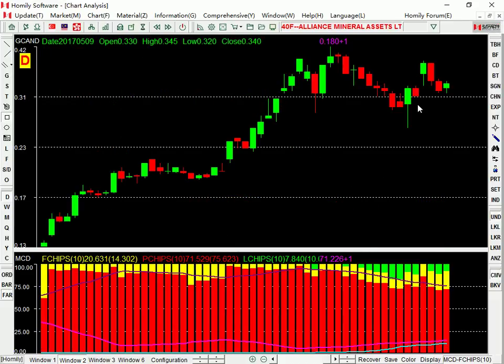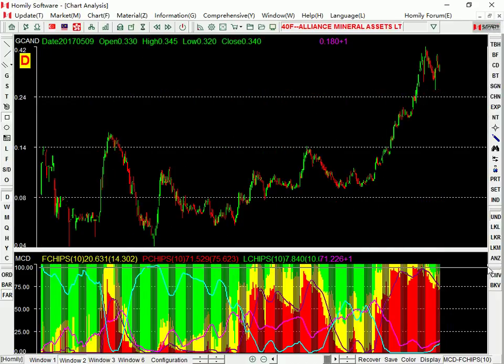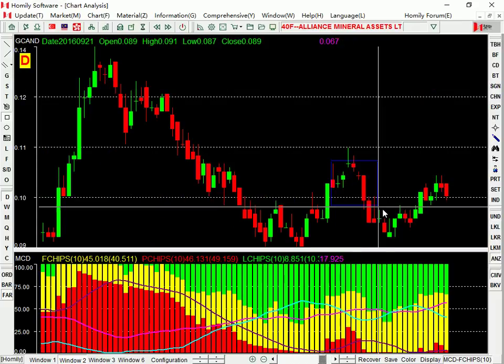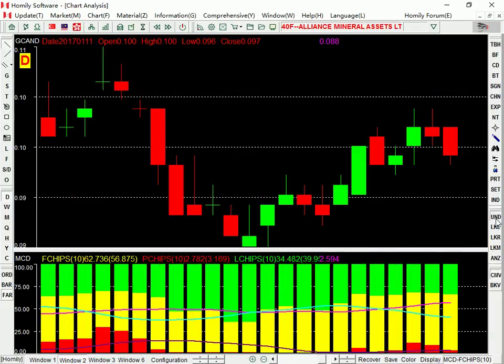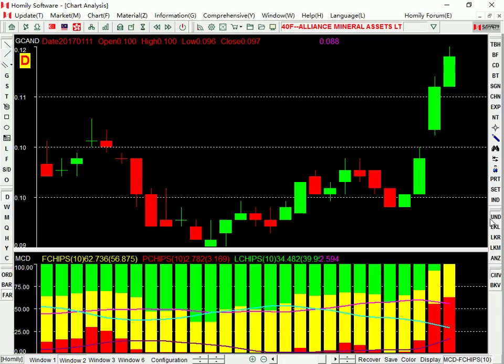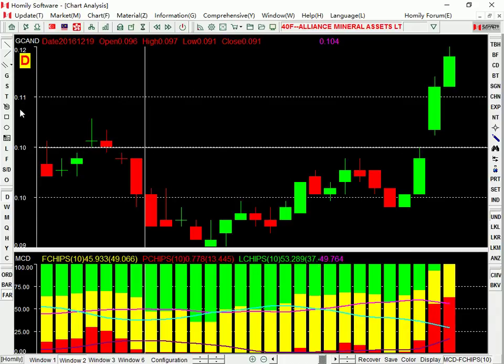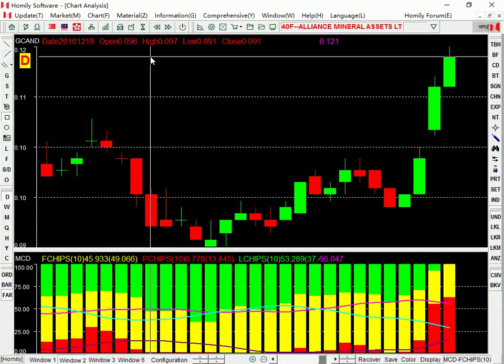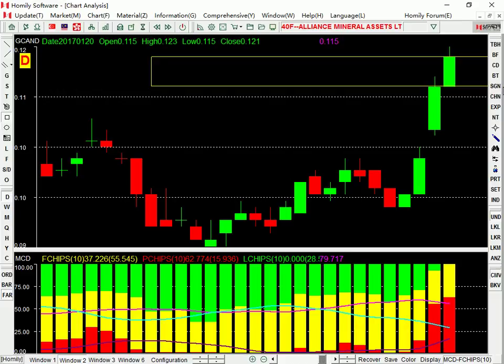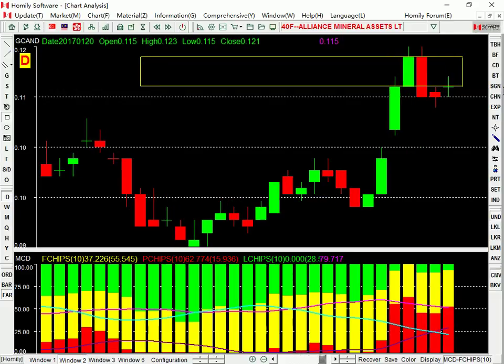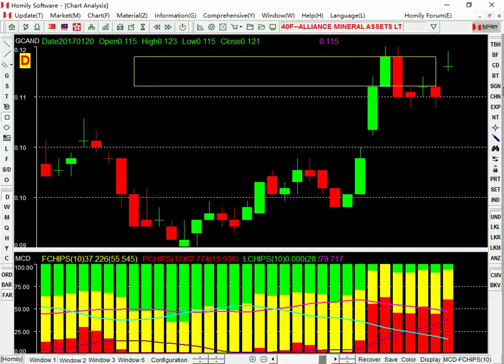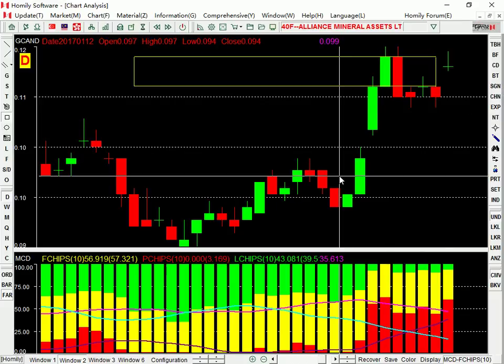Okay, so let's see the alliance. The green column, green disappears. Then we can draw the lines. Wait and see, because if you miss the good buy point, you should know where the next buy point is.